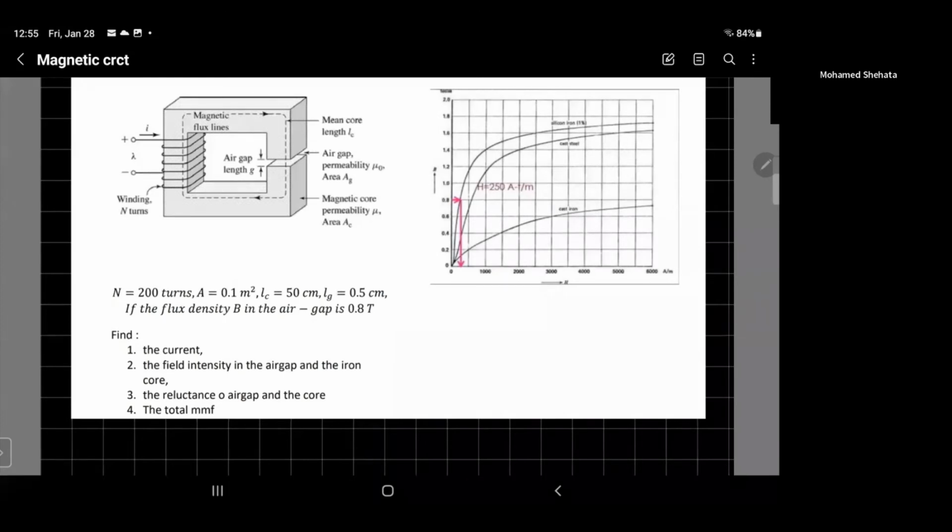The gap is equal to 0.5 centimeter. See the difference? It's 0.05 centimeters. No, it's just me. And the flux density in the air gap is 0.8 Tesla.